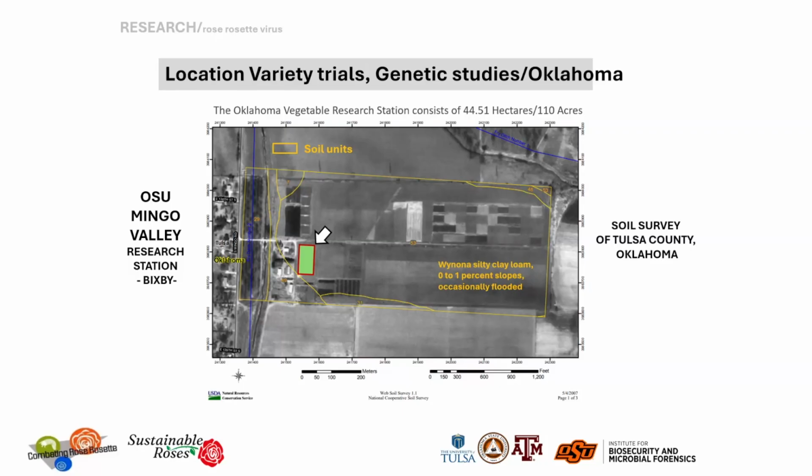We are not allowed to bring rose rosette from other states, so that's complicating the situation. Anyway, we'll be looking forward to having a strong inoculum or spotting plants from where we can collect next spring, and then creating a heavier pressure of inoculum in the field next spring.